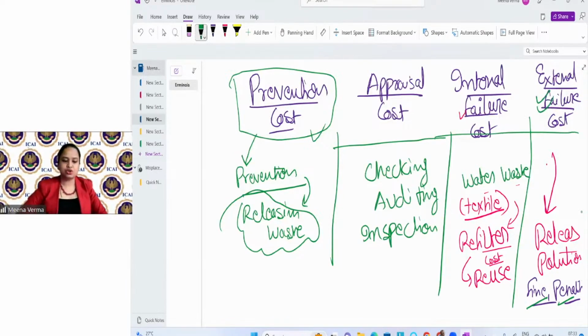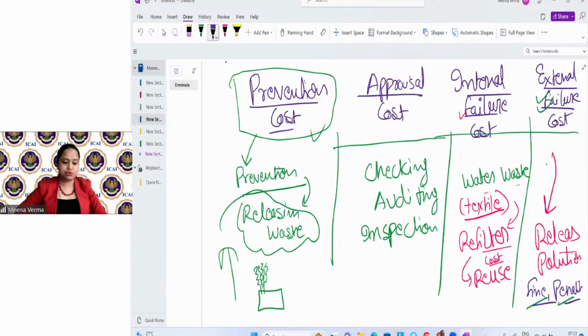All right. So if your prevention will be very high, prevention means you have put some equipment in the organization which is reducing the pollution in the environment. Like when there is air pollution, for preventing it you have put some devices which clean the air. A factory releases polluted air in the environment.